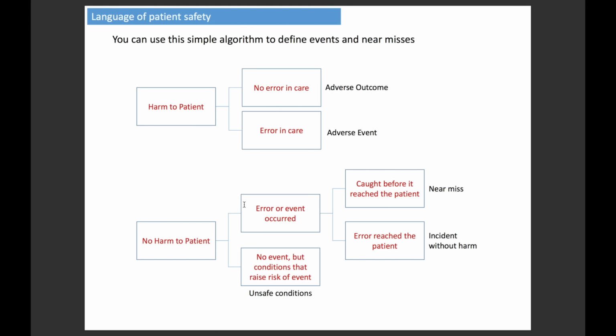So if the antibiotic gets to the patient and the patient didn't have harm, then it's an incident without harm. If it's caught before it reached the patient, it's a near miss. But if there's no event, and we'll get really good, like I said before, if there's no event and we can appreciate unsafe conditions, that's sort of where we want to be in the world. So there's not only no harm, but we're treating the unsafe conditions that lead to harm.